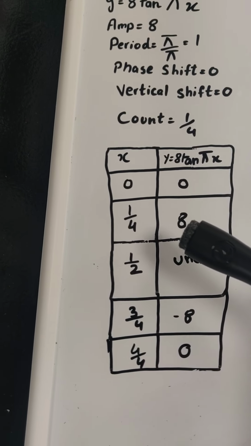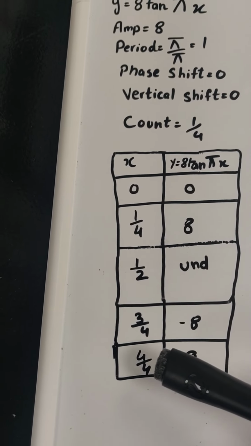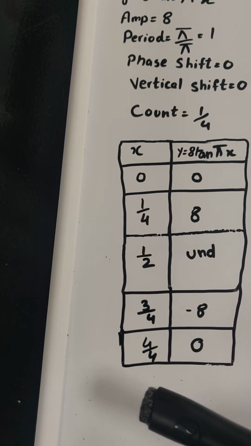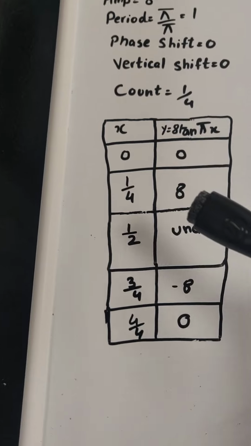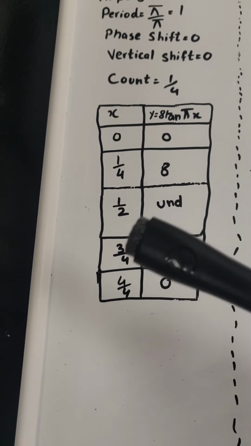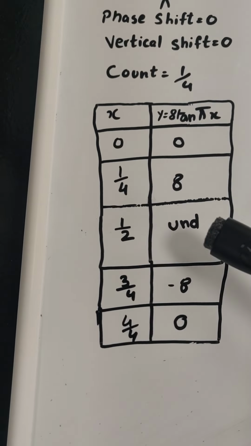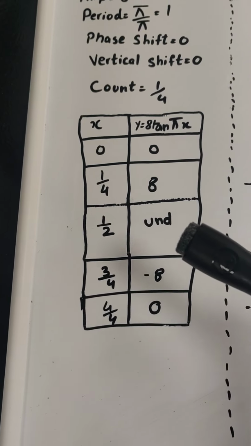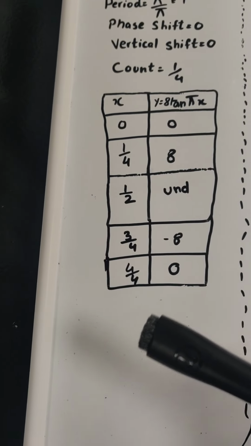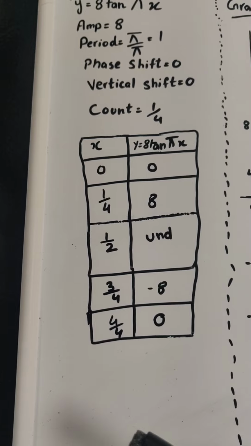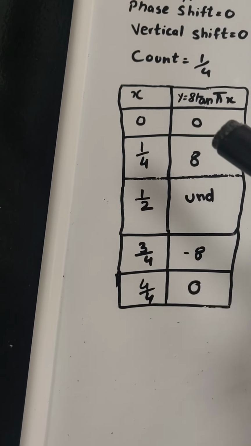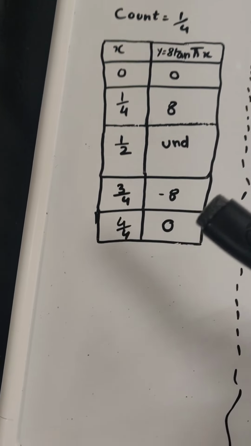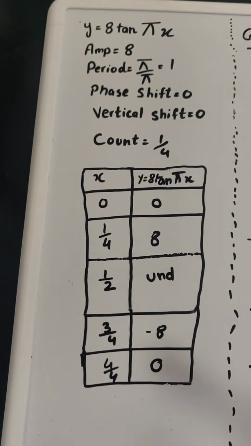So after 4 by 4, at 5 by 4 we use the value 8. At 6 by 4 we use undefined. At 7 by 4 we use negative 8. At 8 by 4 we use 0, and at 9 by 4 again we go to 8, undefined, negative 8. So the cycle repeats after a π.